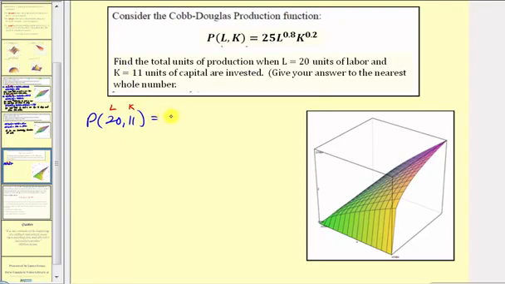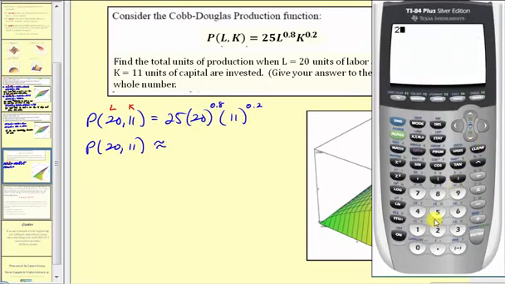So we'd have 25 times 20 raised to the power of 0.8 times 11 raised to the power of 0.2. And now we'll go to the calculator and round this function value to the nearest whole number. So we have 25, then in parentheses we have 20 raised to the power of 0.8, right arrow, and then in parentheses we have 11 raised to the power of 0.2.